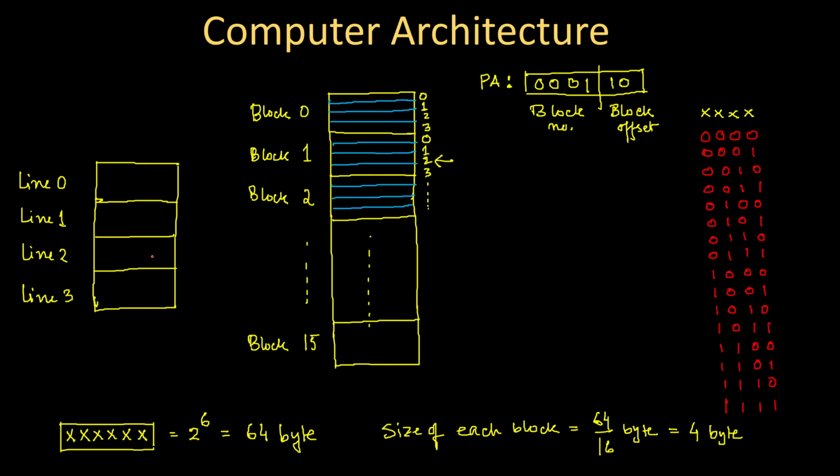Now the question comes: how will a machine realize which particular block is present in which particular line?